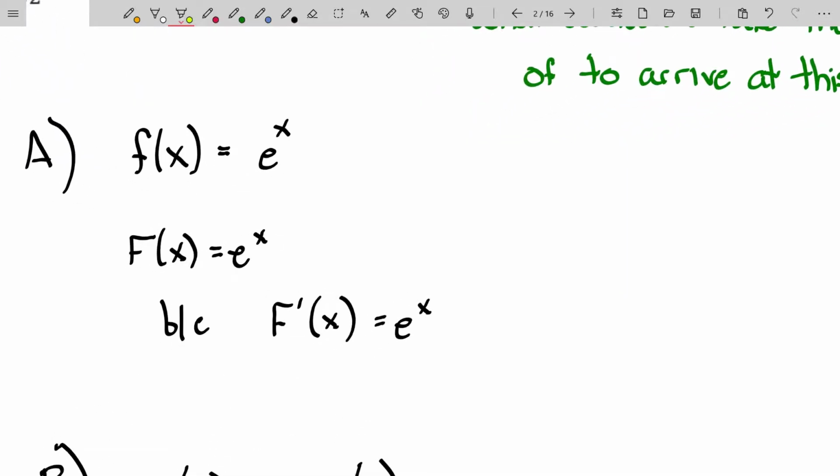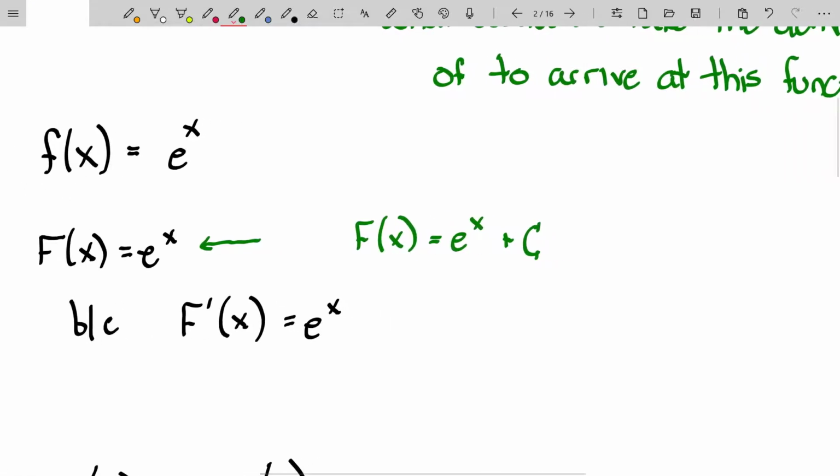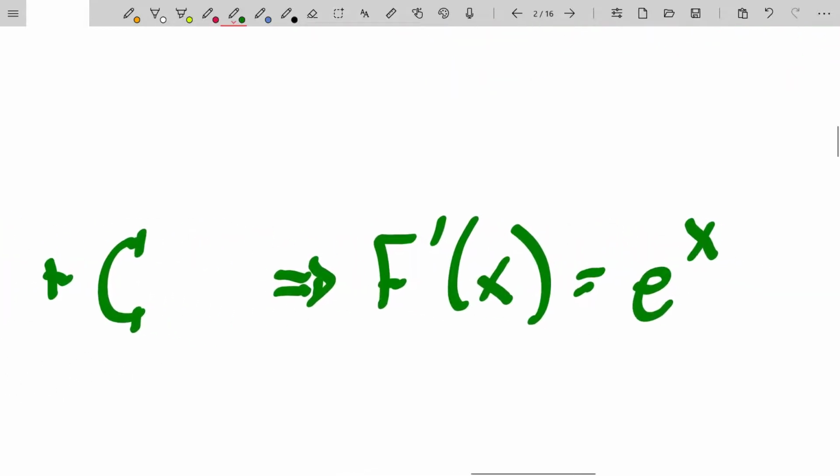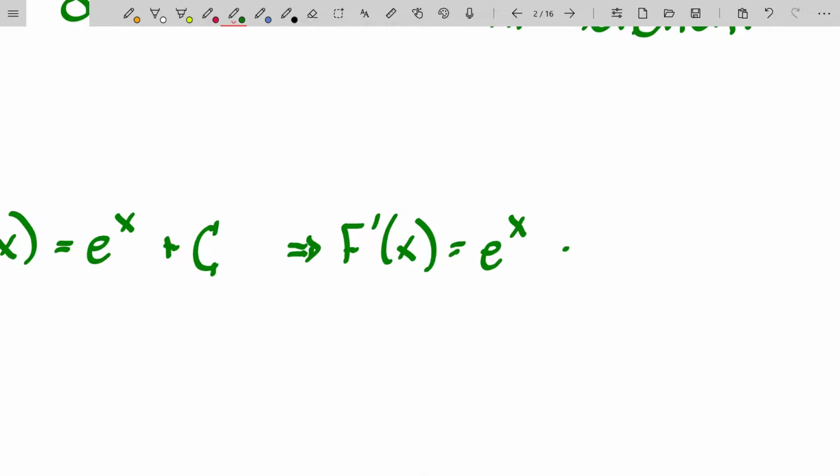If I handed you the function not e to the x, but what if I gave you capital F of x is equal to e to the x plus some constant c? Well, its derivative would be e to the x, and then the derivative of a constant is 0. So the derivative of that capital F is actually equal to still little f.